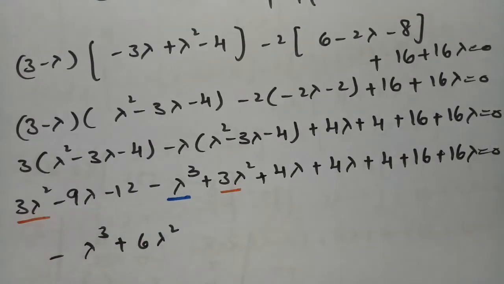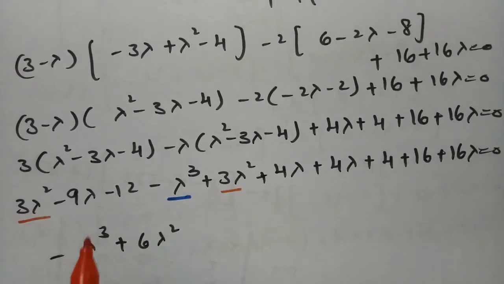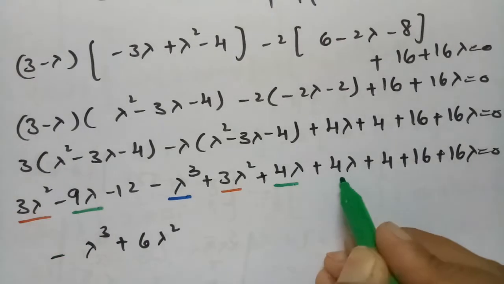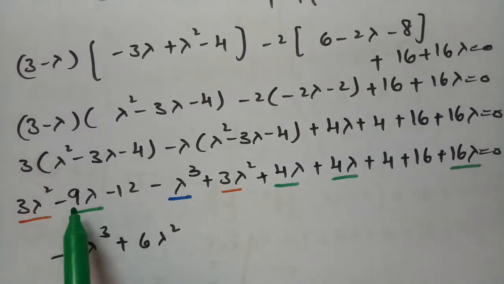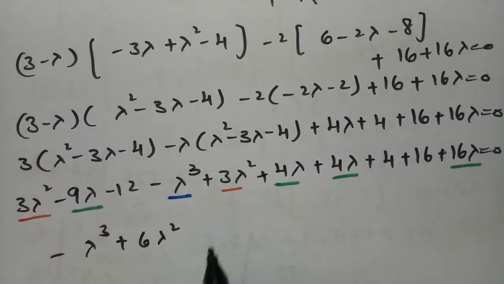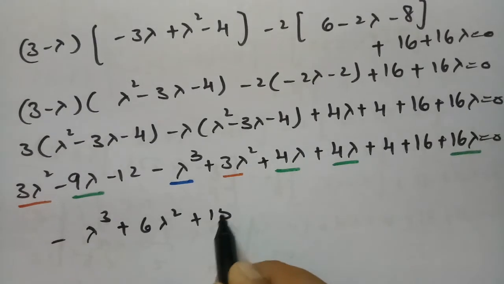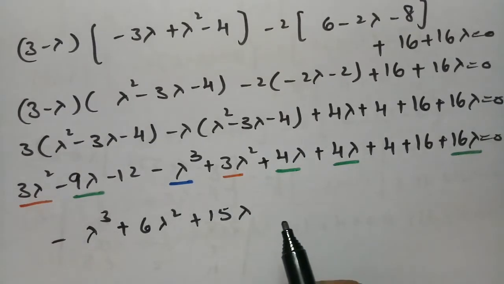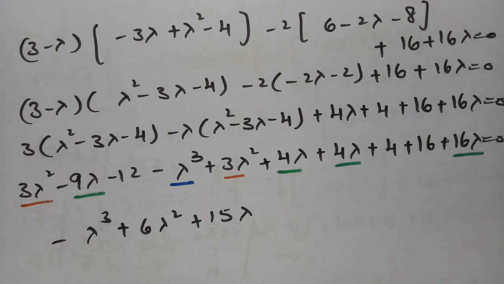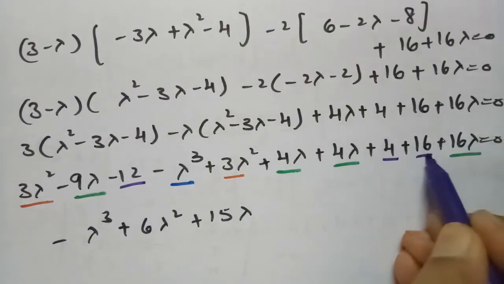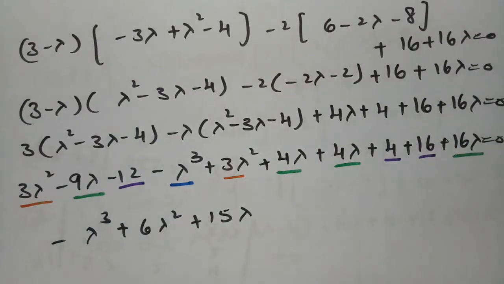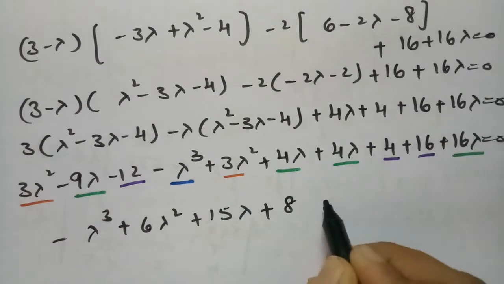The lambda terms: minus 9 plus 4 plus 16, this is 24 minus 9, so plus 15 lambda. And the constants: minus 12, and 20 minus 12, so this is plus 8, is equal to 0.